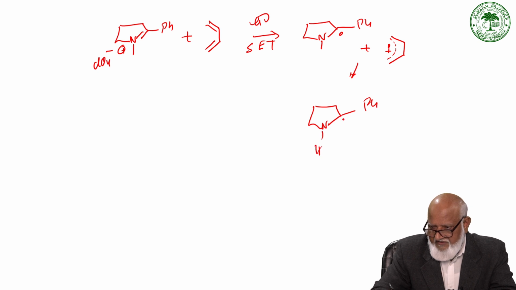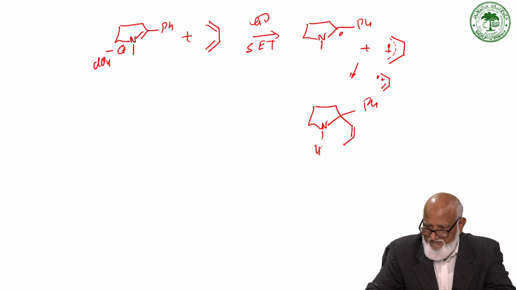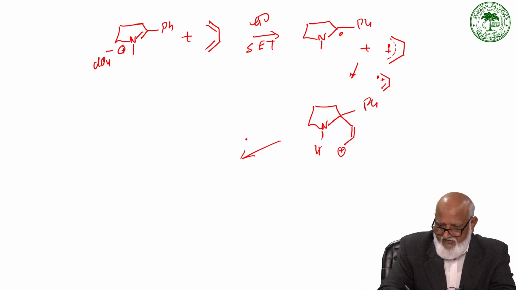This may add to, say for example, if we write this as a radical cation with a double bond, then we expect a double bond here, a positive charge here, and then the trapping with methanol gives rise to a product like this.